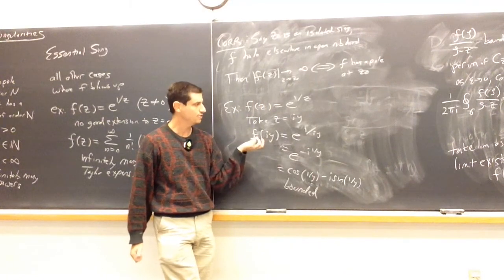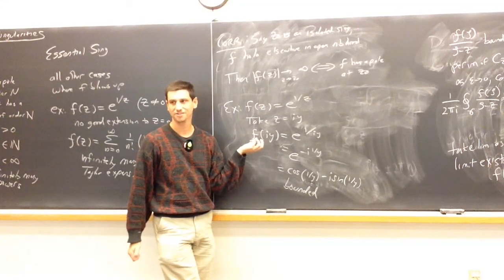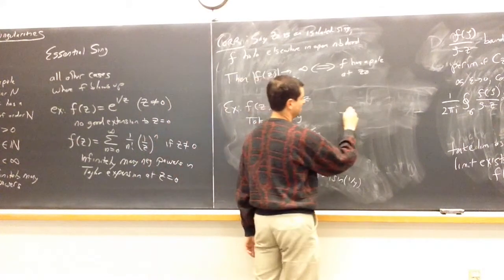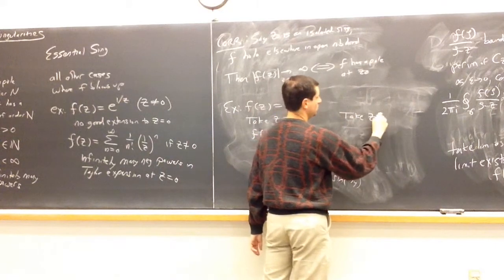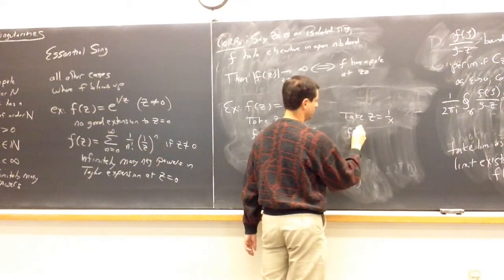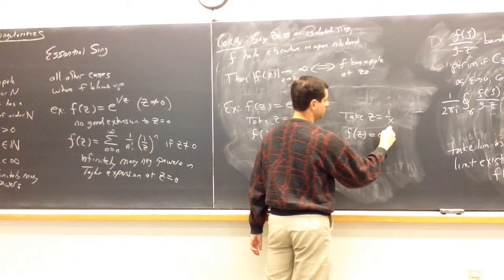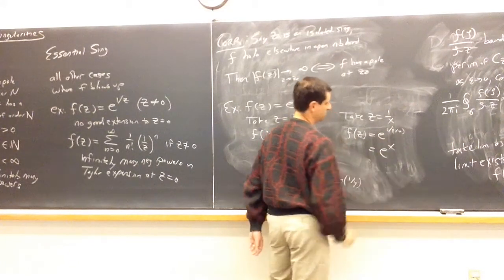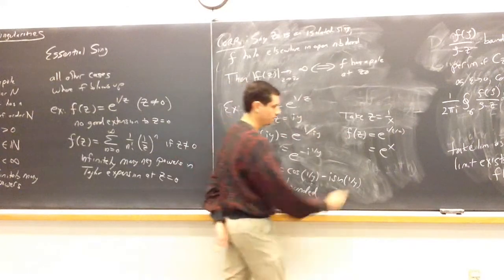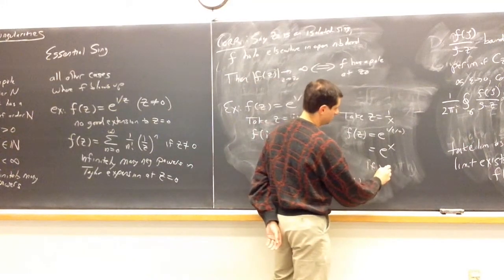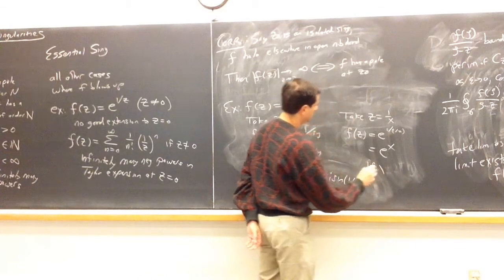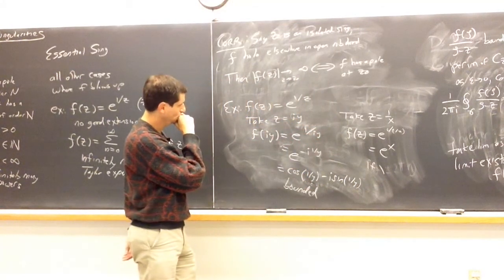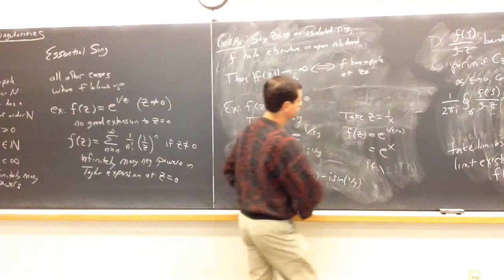Is there a direction we can go where the function will explode? Yeah, what direction should we take? Take the real axis. Take z equals 1 over x, then f of z is e to the 1 over 1 over x. This is e to the x. So, did I do this right? Wait a minute. No, I'm sorry. It's just z equals x, sorry.